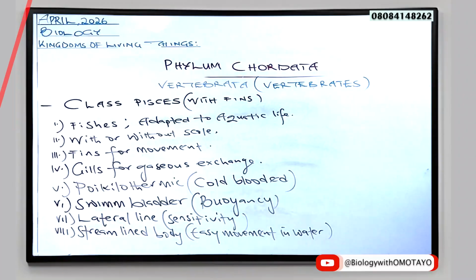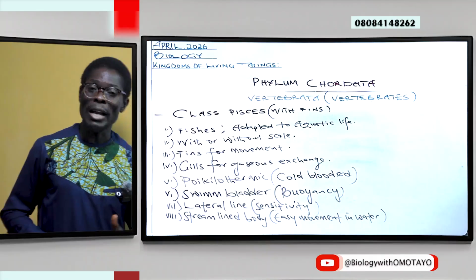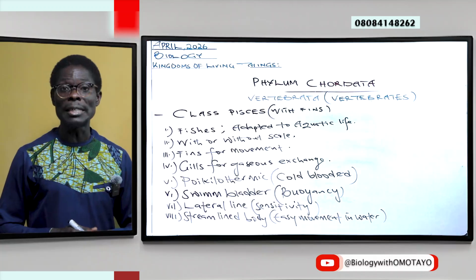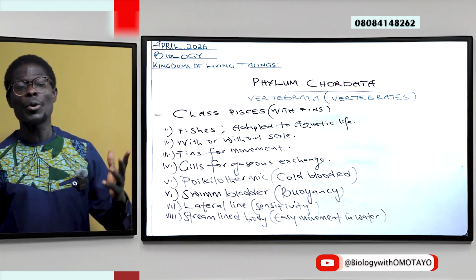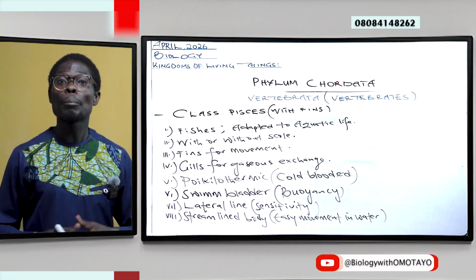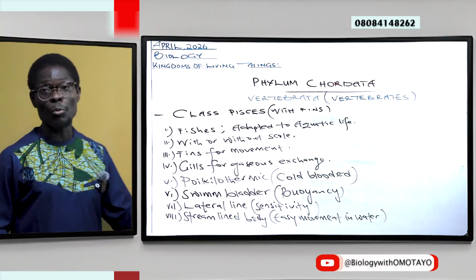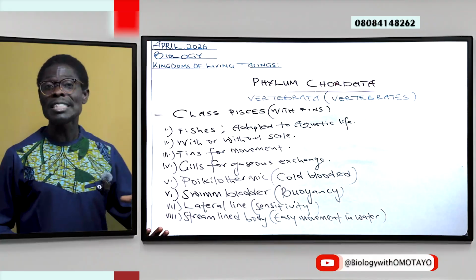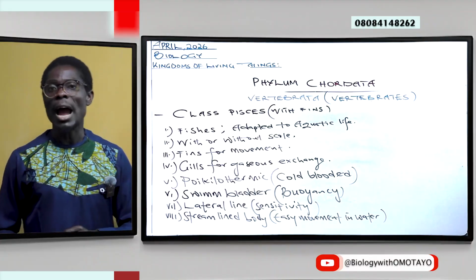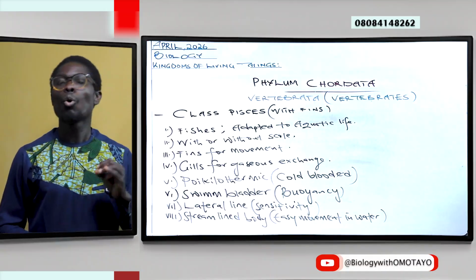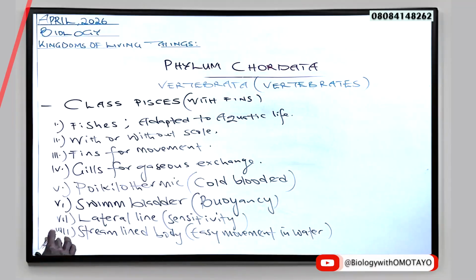And then, with regards to reproduction, usually reproduction is sexual. Even though external fertilization is more prominent, whichever way, reproduction is sexual. And here, organisms do lay egg, and because of this, they are referred to as oviparous.